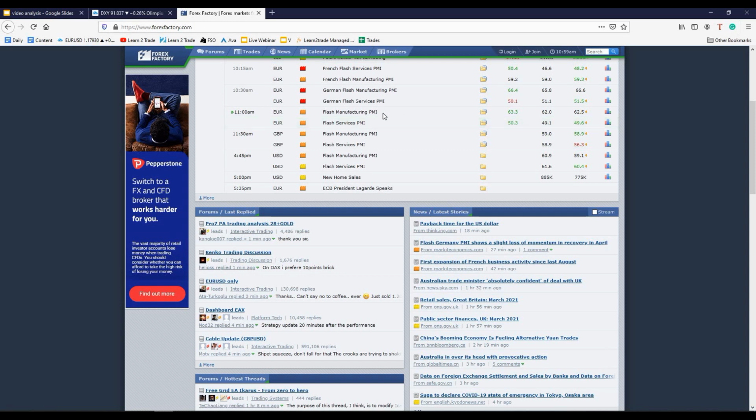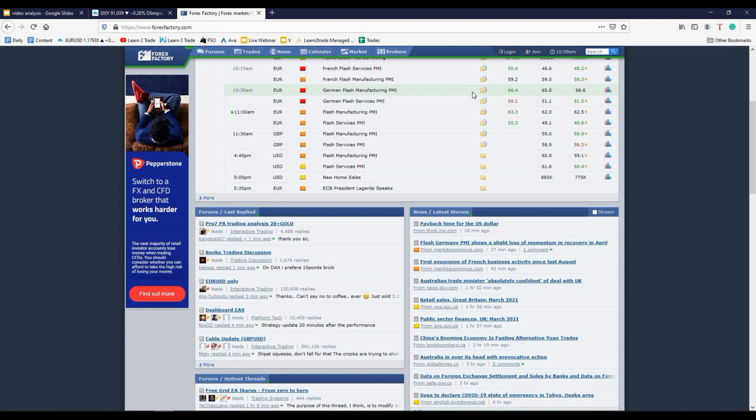Also, the eurozone flash manufacturing PMI has increased further from 62.5 to 63.3, beating the 62.0 expectations. So the services sector has jumped into the expansion territory. So that's why the euro is strongly bullish today in the short term.